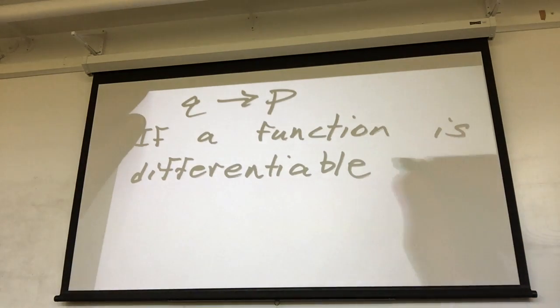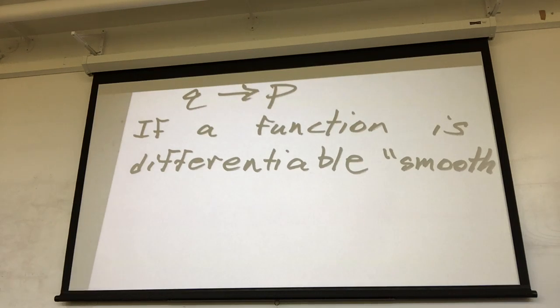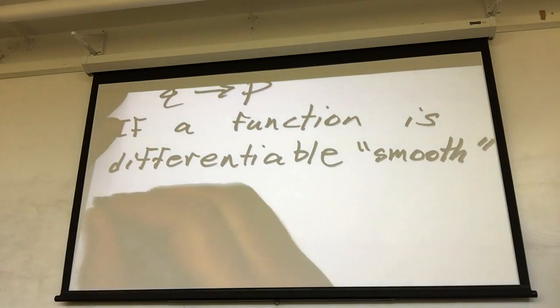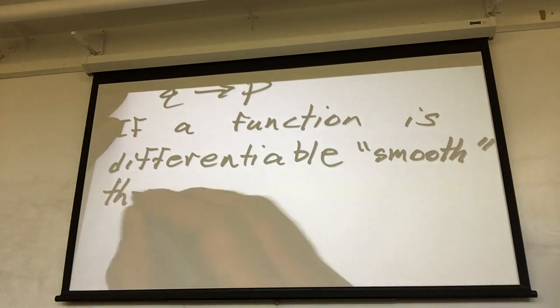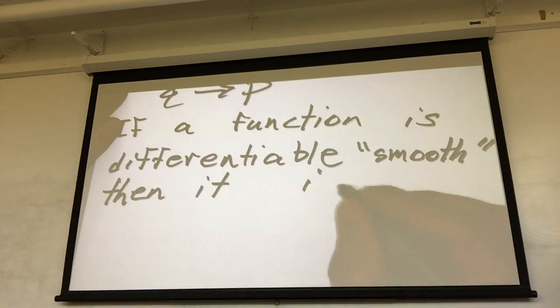Let's say smooth. Okay. So if a function is differentiable, meaning smooth, then it is continuous.